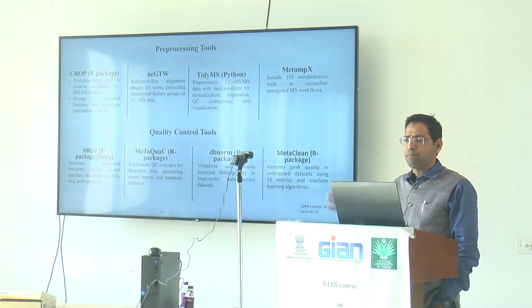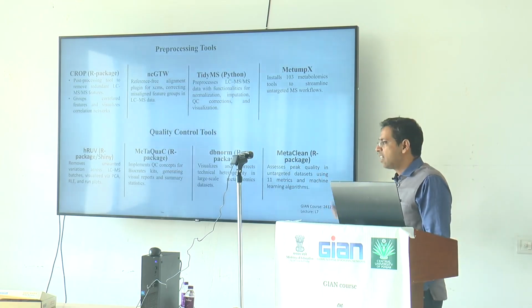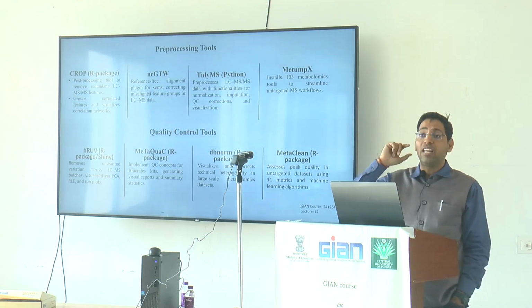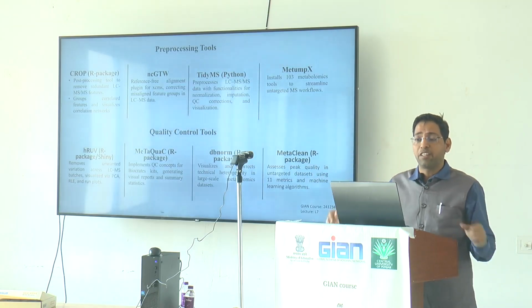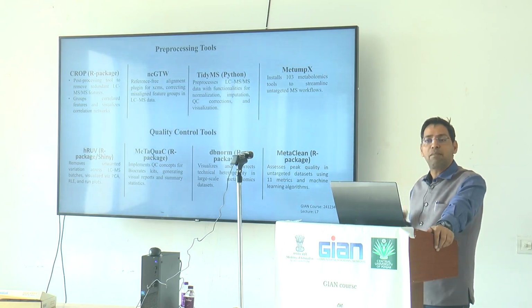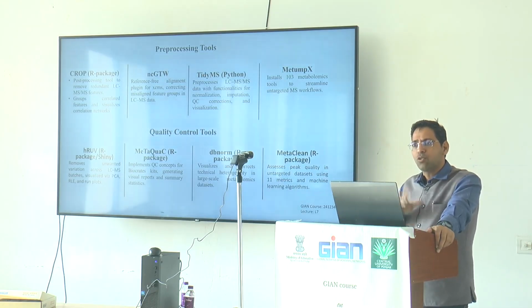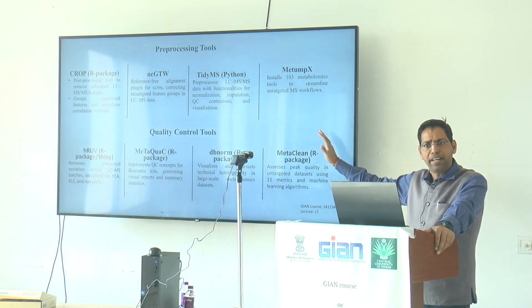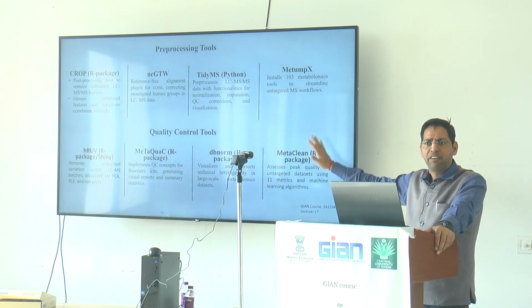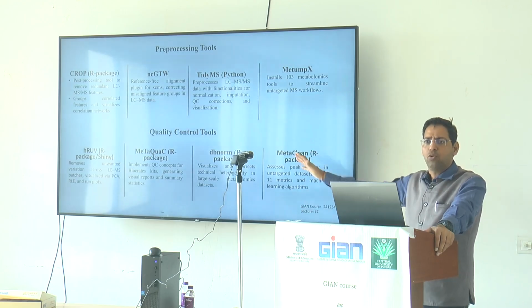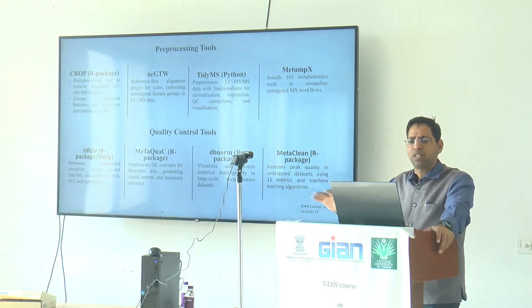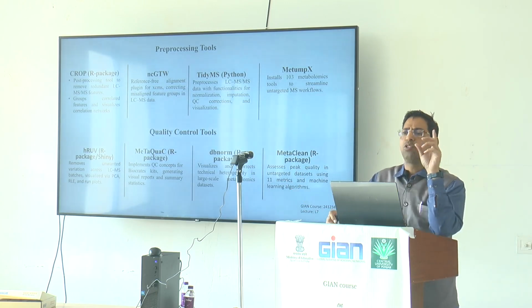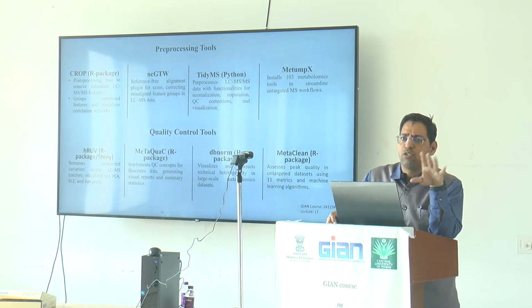It can assess the peak quality in untargeted databases using 11 metrics, 11 different parameters, by using machine learning algorithms. So if you open it and read what those databases are, you know which one is the best one to use. You have to use different tools for different objectives here.